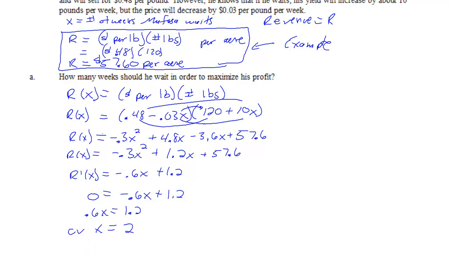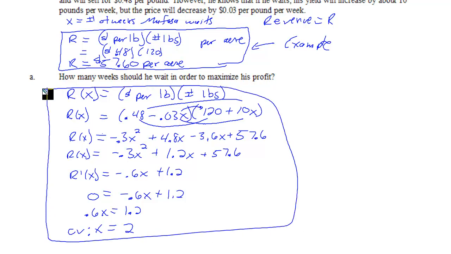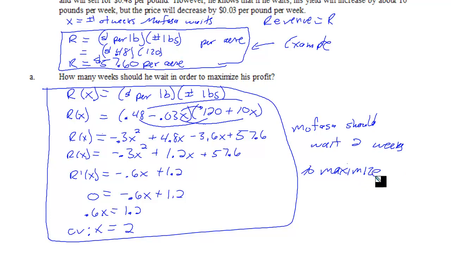You get 2. Critical value of 2. He should wait 2 weeks. How many weeks should he wait to maximize his profit? So word problem, sentence answer. Mufasa should wait 2 weeks to maximize profit.